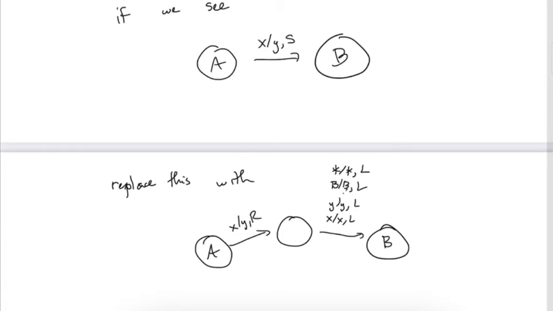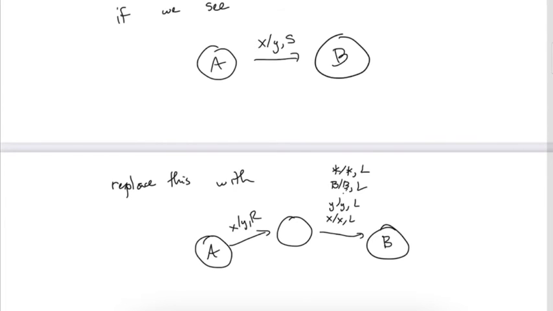Then this little sequence of 3 states here is equivalent to the 2 states above there, all right? And so if you have a Turing machine that sometimes stays put, you can just replace all of the stay put arrows with little things like this, and you will have converted it into a Turing machine that always moves, all right?